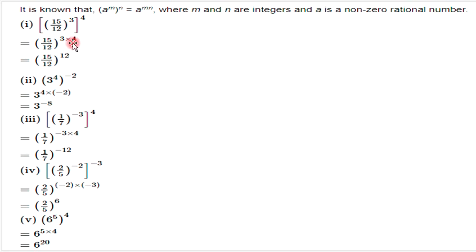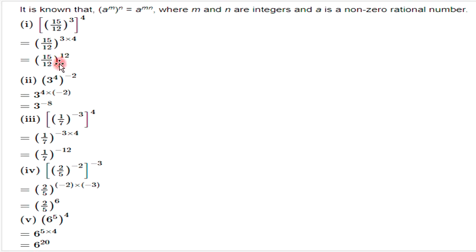The numbers in the exponent place, separated by a bracket in between, refers to the numbers being multiplied with each other. So this is 15 upon 12 raised to 3 into 4. 3 into 4 gives me 12. So 15 upon 12 raised to 12 is the answer.